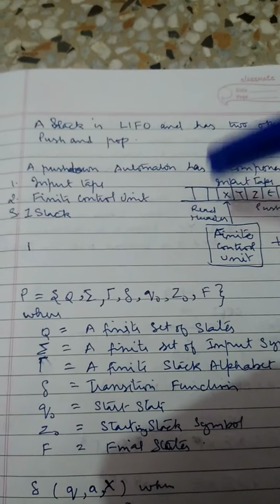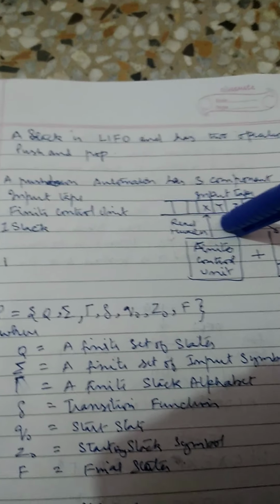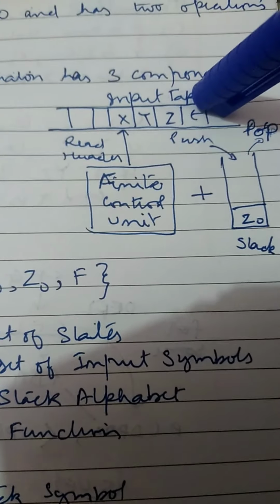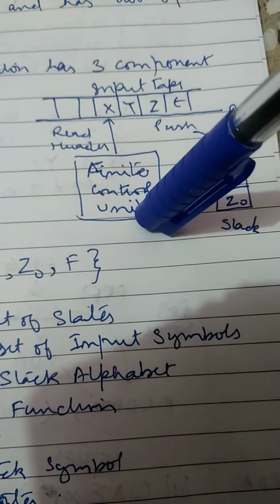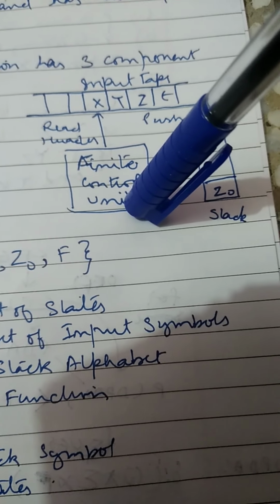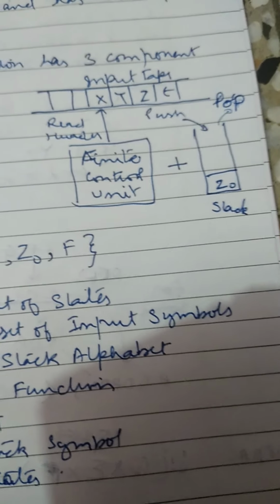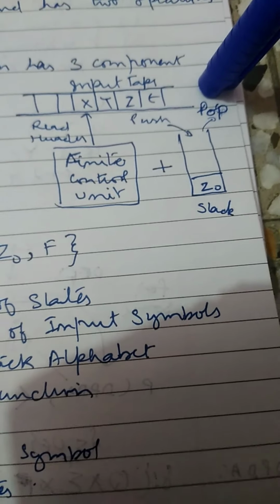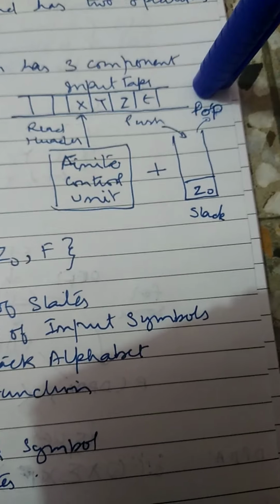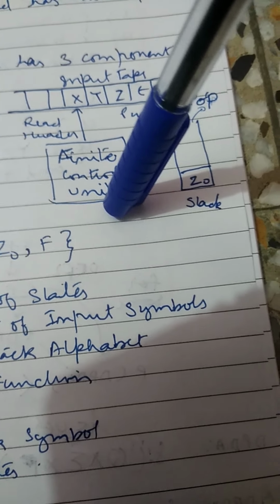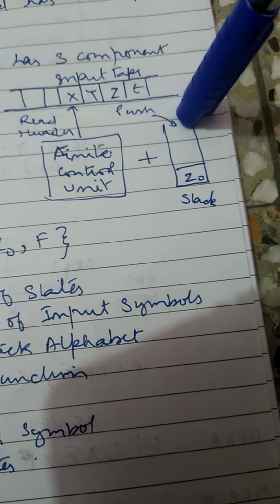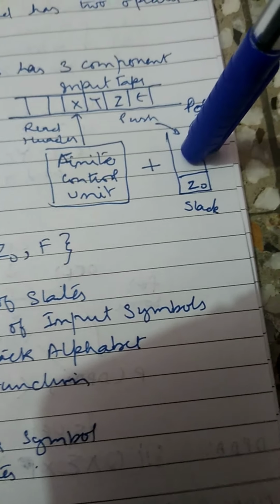We will see what the components of push-down automata are. Before going into mathematical form, a push-down automata has three components: one is the input tape, the other is the finite control unit, the same as in a deterministic finite state machine, and in addition to that, it has one stack where you can push a symbol and pop a symbol.